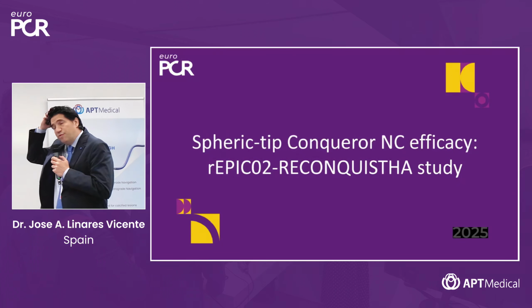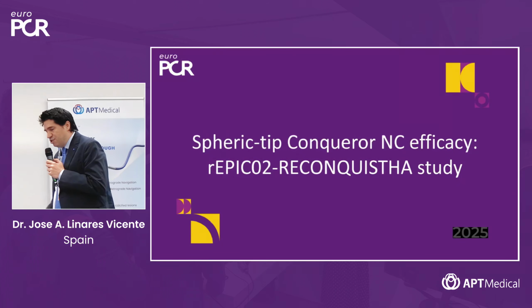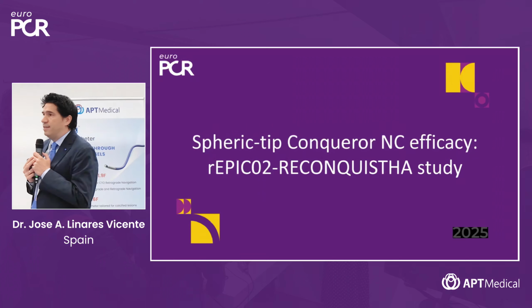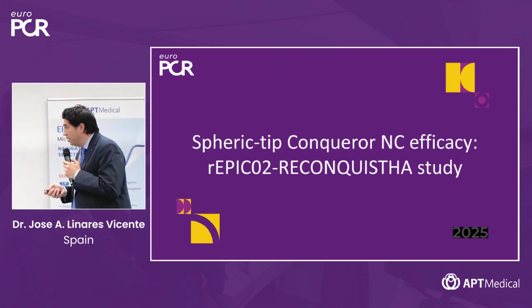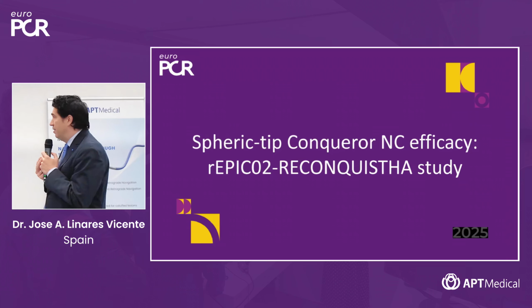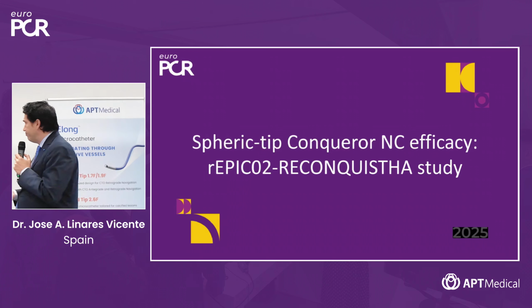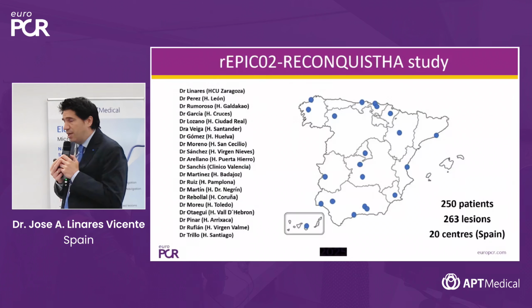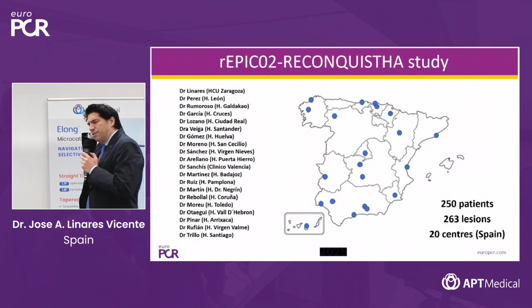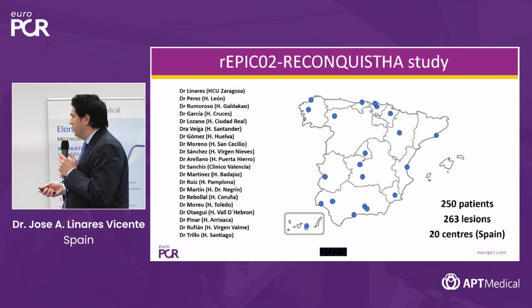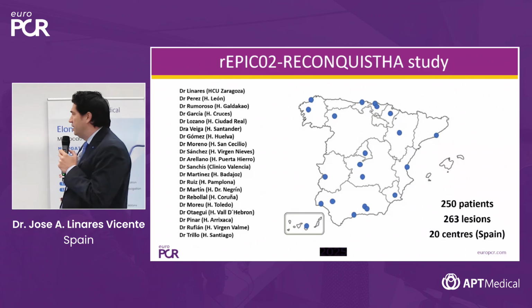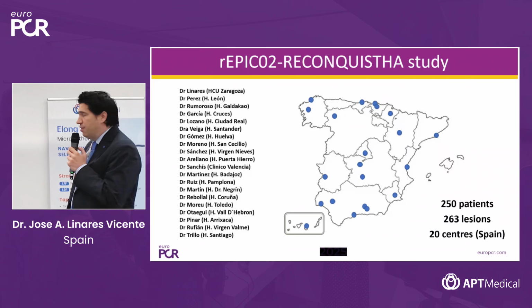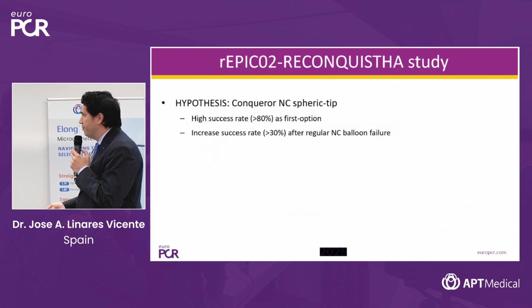So in order to prove this theoretical assumption, we designed a technical study of stent post-dilatation with this new device. The study was called EPICO 2 Reconquista. The study was carried out in Spain across 20 centers, and 250 patients were included, and the device was used in 263 lesions.